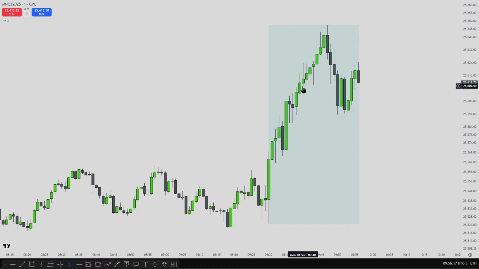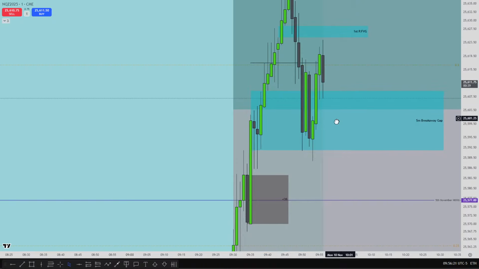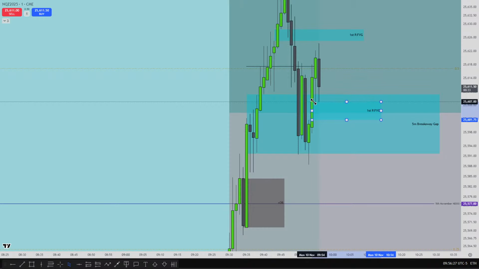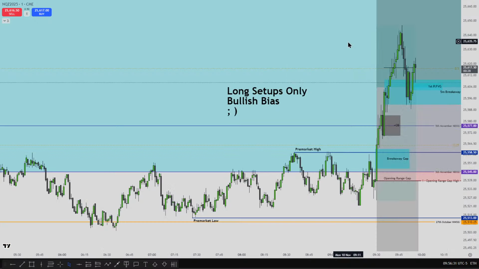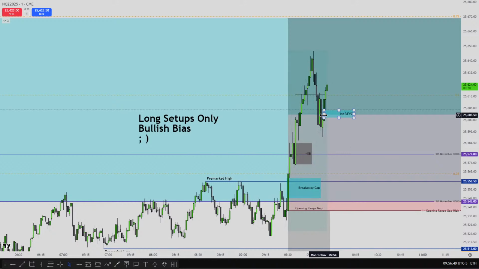Even on the micro you would not use that. Okay, that's the gap I'm using now.